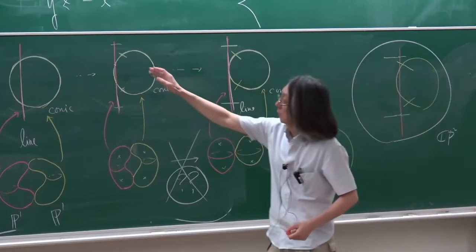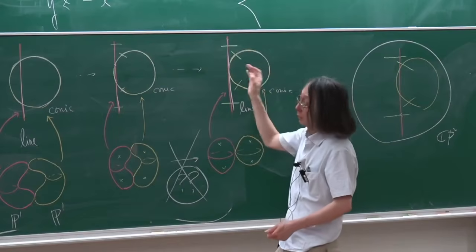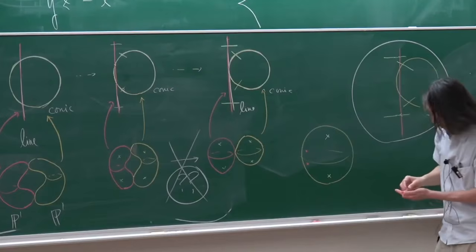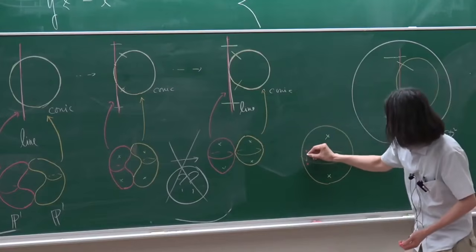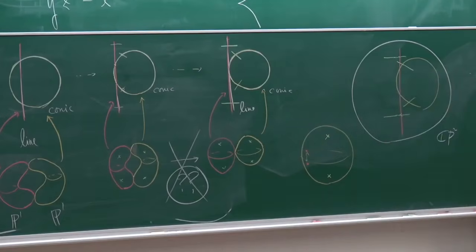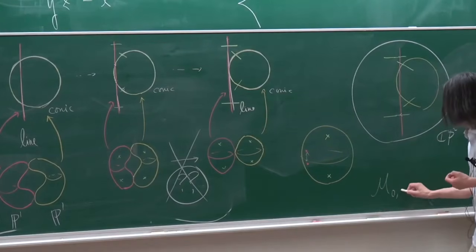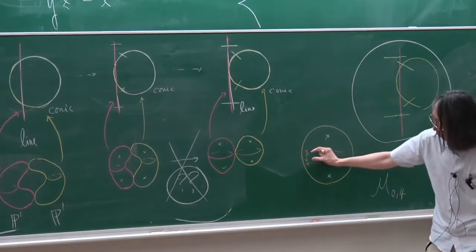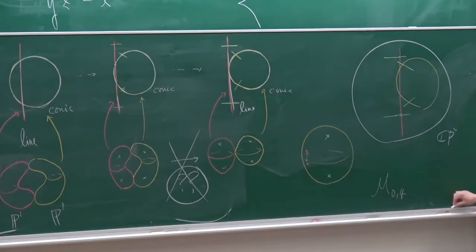But as n tends to infinity, this line is getting close to the tangent line. That means these 2 points are getting closer and closer. So you have a moduli space here, a moduli space of genus 0 with 4 mark points. If you consider the limit of this, the limit is nothing but this thing.